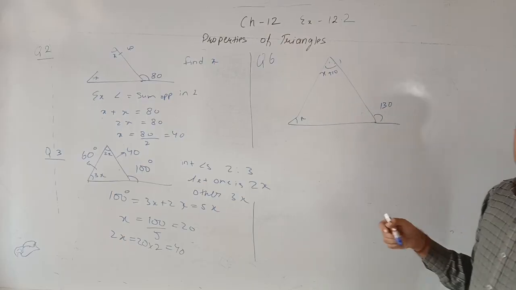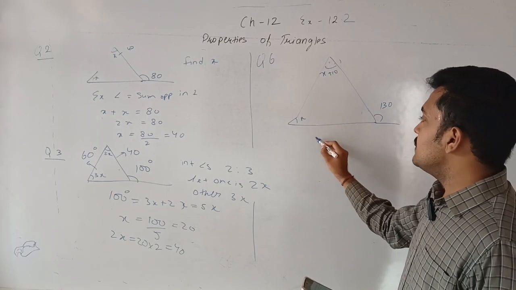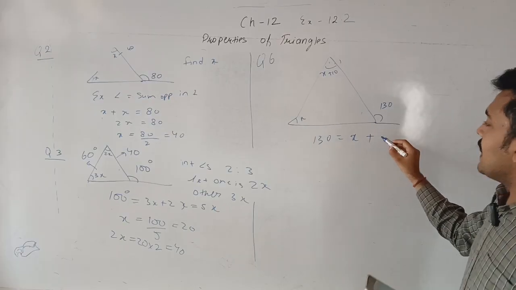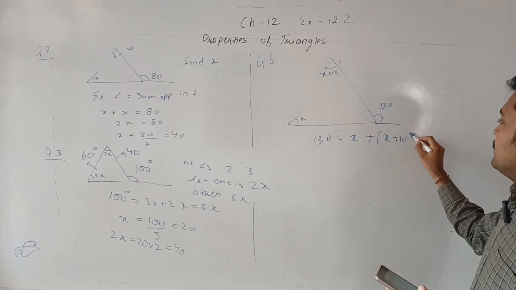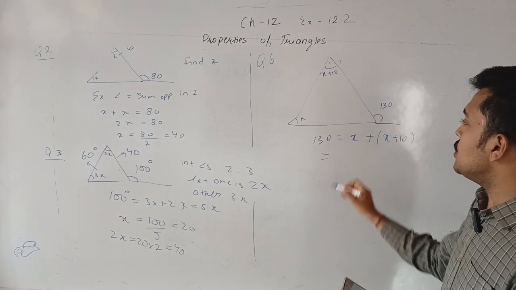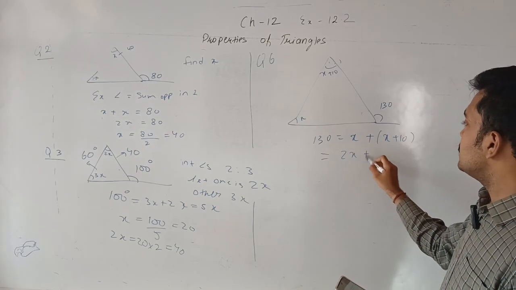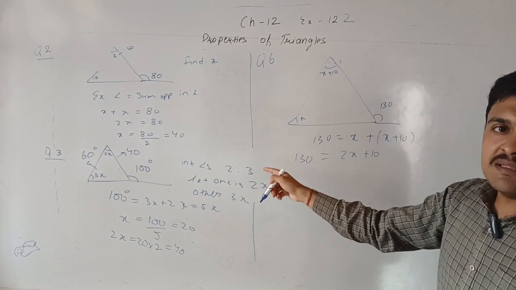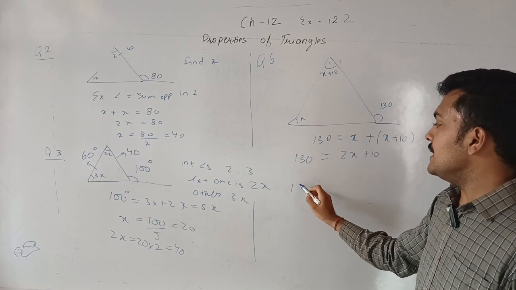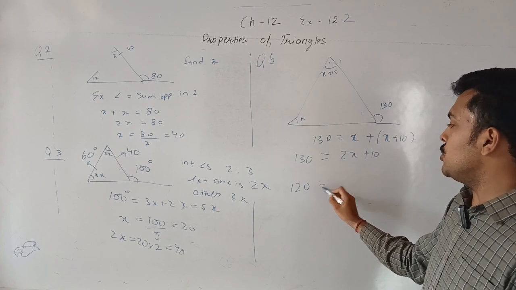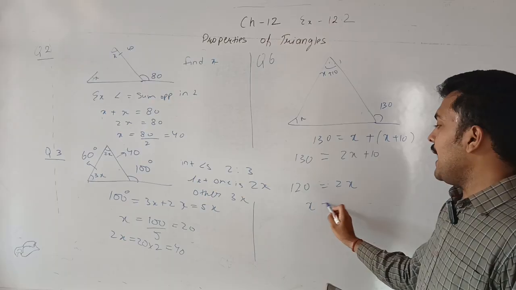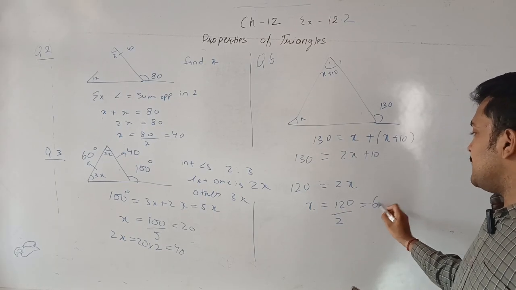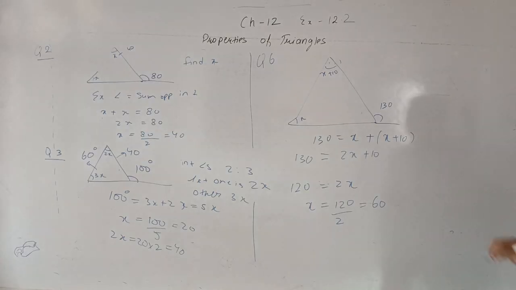Again, exterior angle is equal to sum of opposite interior angles. Therefore, 130 is equal to x plus x plus 10, which is equal to 2x plus 10 is equal to 130. So 10 will be subtracted from 130. It will become 120 is equal to 2x. Therefore, x comes out to be 120 divided by 2 is equal to 60 degrees. So x is 60 degrees.